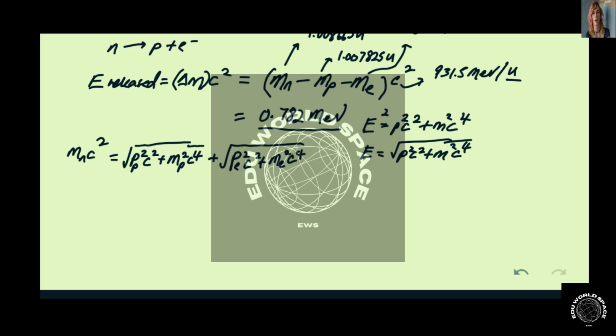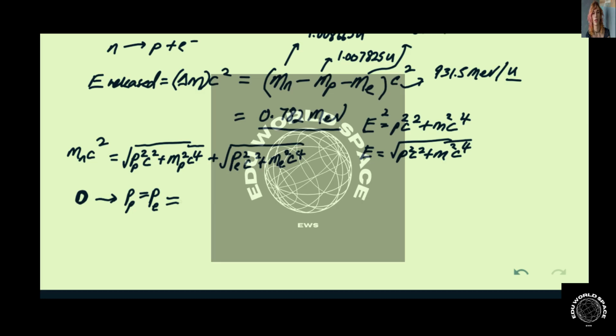By conservation of momentum, however, we know that the initial momentum of the system is 0, and so the final momentum of our system must also be 0. This implies that the momentum of the proton must be equal to the momentum of the electron. They must be equal in magnitude, and they are traveling in opposite directions so that they cancel each other out, giving a total momentum of 0 still.